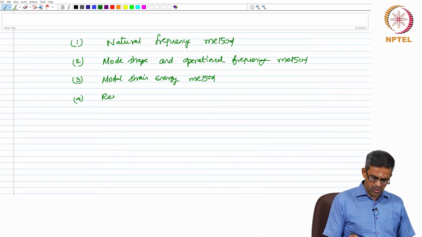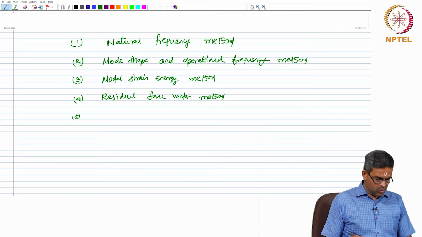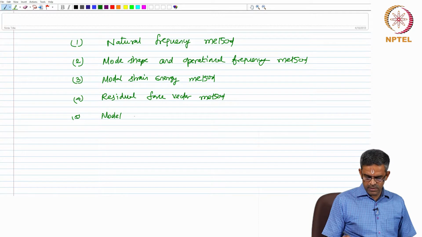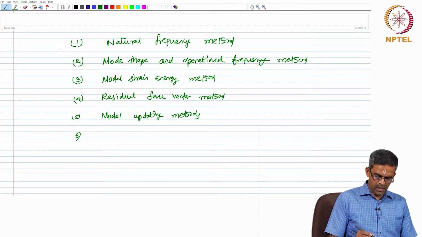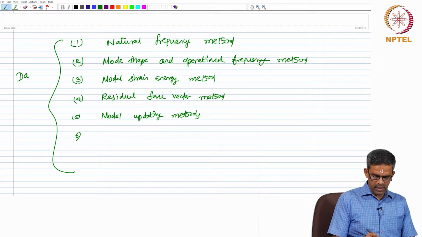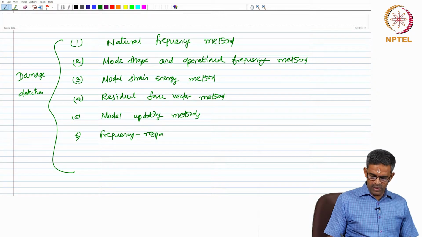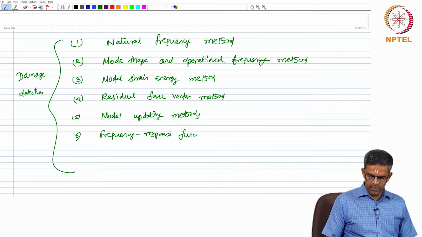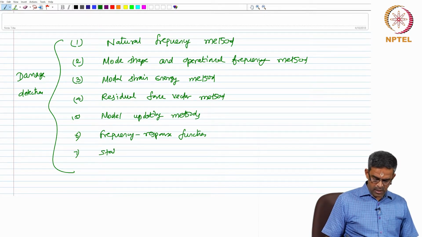Can also use residual force vector method to detect damage. One can also use model updating methods for detecting damage. These methods are all for damage detection. One can use frequency response function. Alternatively, one can also use statistical methods.